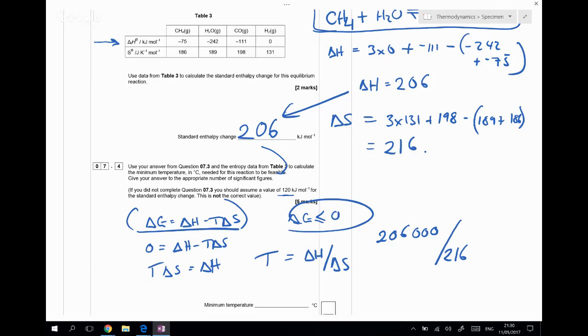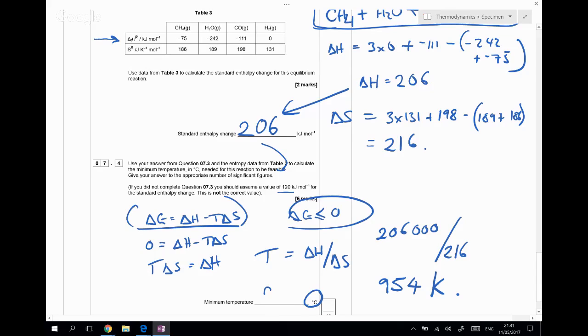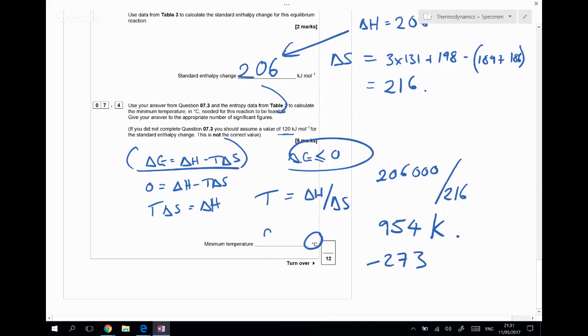I put my data in, and there we get the minimum temperature, remembering to use 3 significant figures because that's data which has got 3 significant figures. I get 954 Kelvin, and I just notice here that they're looking for it in degrees Celsius, so I've got to take away 273 from this value.